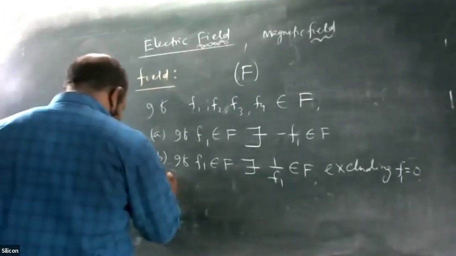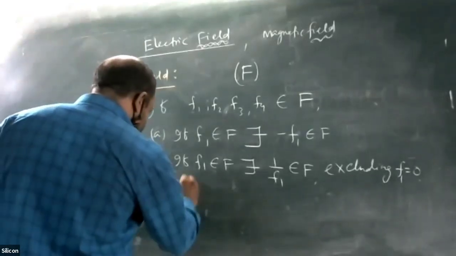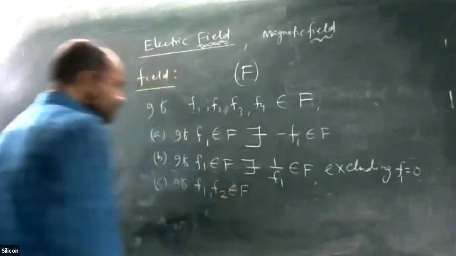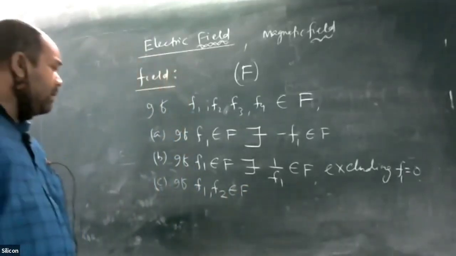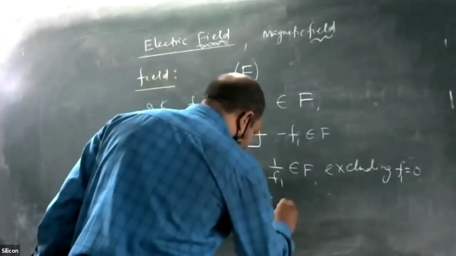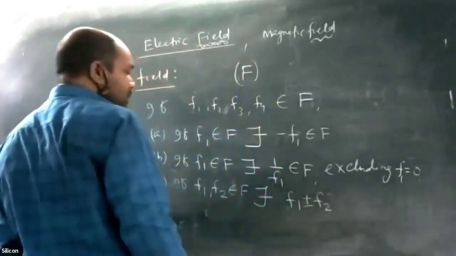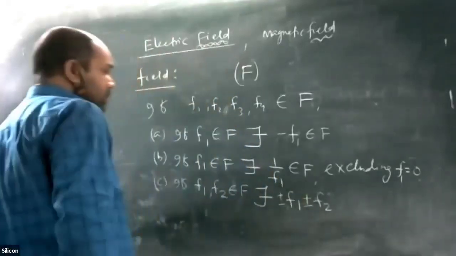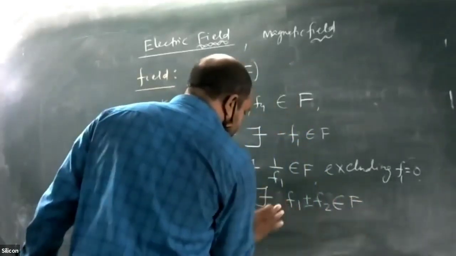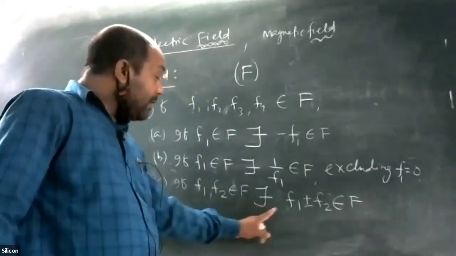Another condition, C: if F1, F2 belong to F, then there must exist F1 plus or minus F2 belongs to F. Here also you can write plus minus.